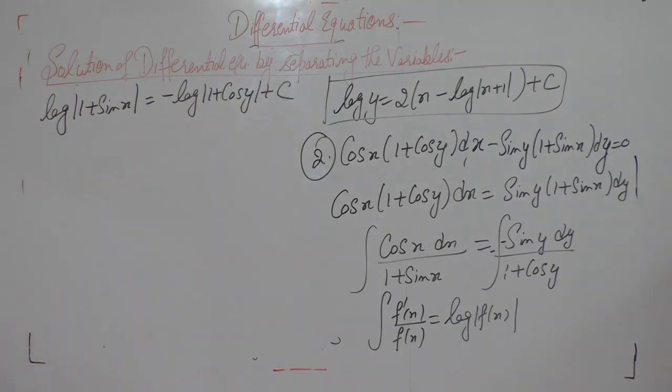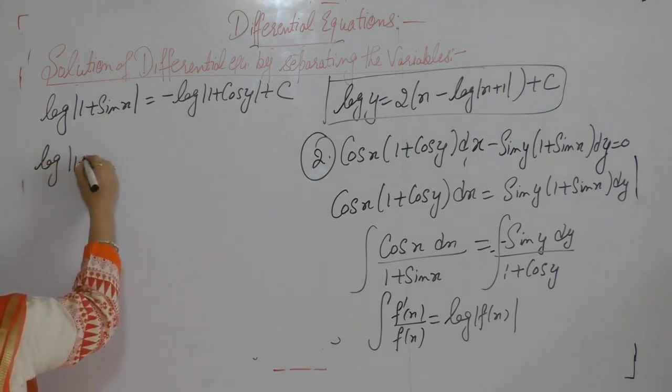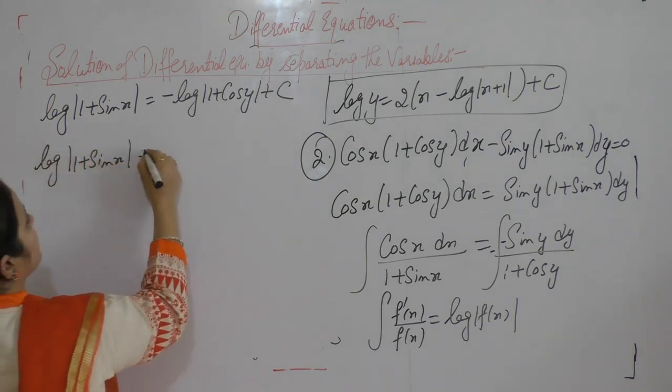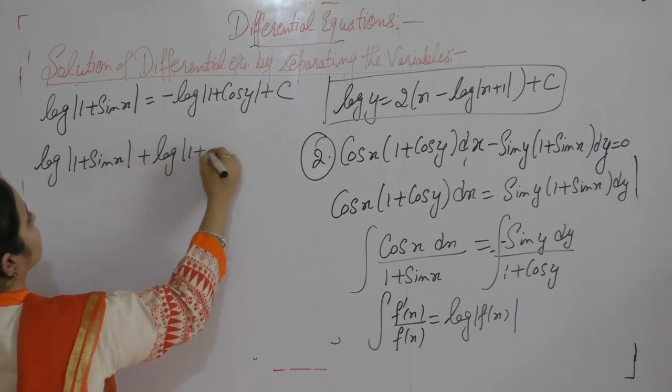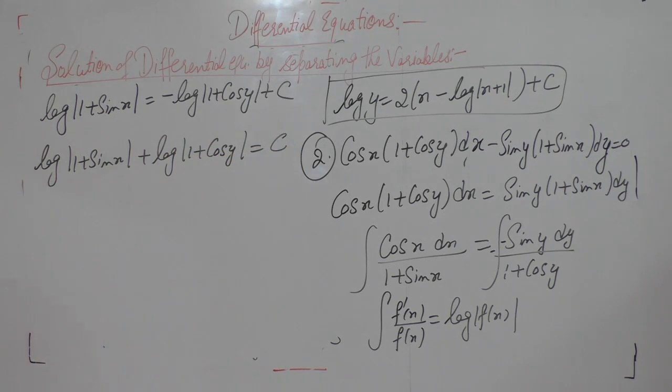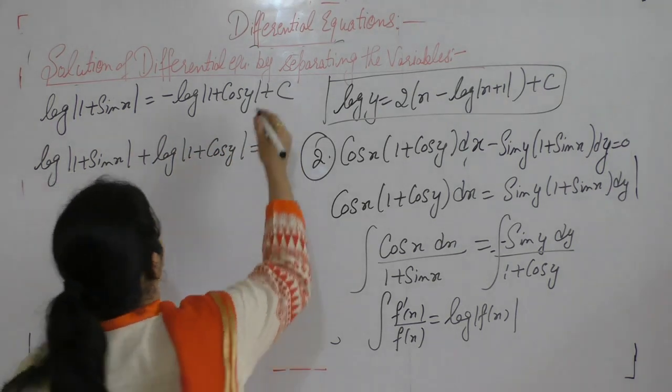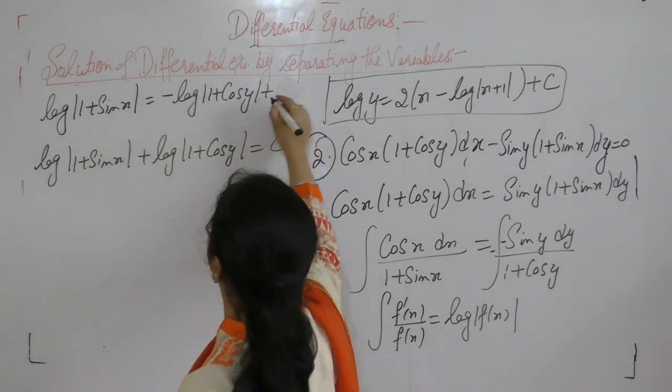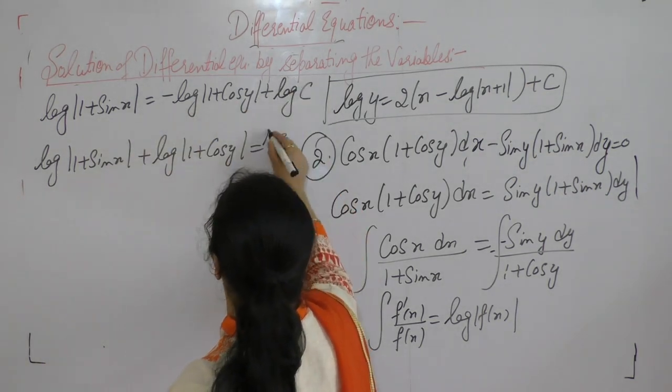Log (1 + sin x) plus log (1 + cos y) is equals to c. Log a plus log b, we can write it as log a into b. Instead of c, all the terms are of log, so we can write here log c also.